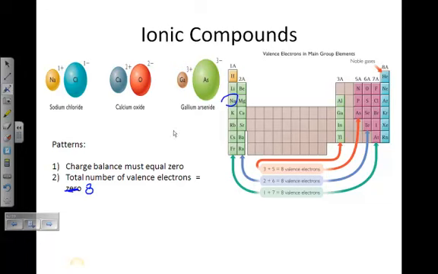Chlorine originally had 7 electrons. So 1 valence transferred to the 7 valence add up to a total of 8. That makes sense. Notice their ions' charge always adds up to 0.